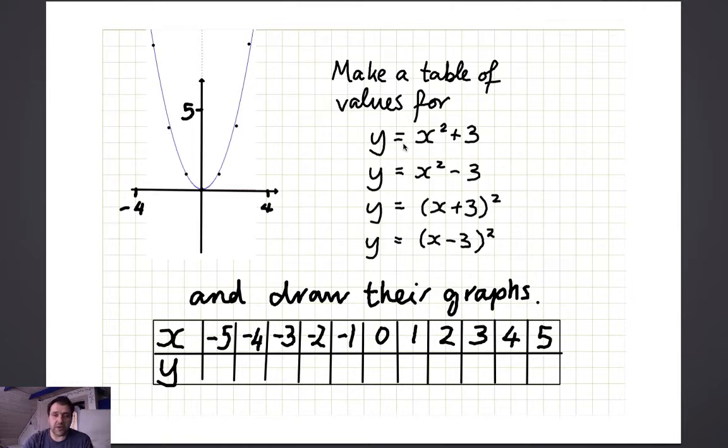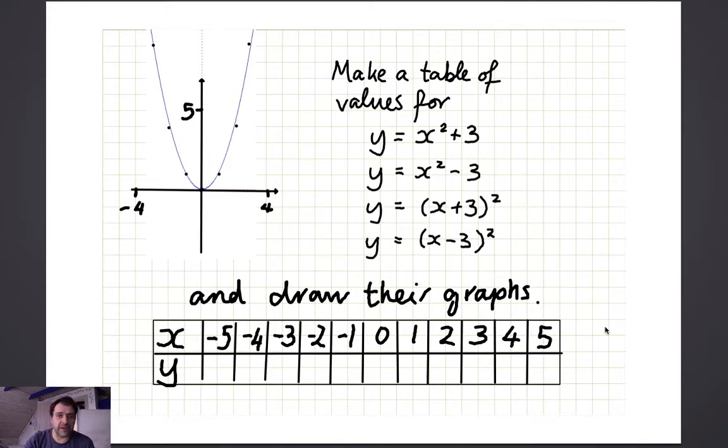So we had to do tables of values for all of those, looking like that. So x from minus 5 to 5, for example, and then work out what y would be for each of those and make the graph. So you're looking to do 4 tables of values and 4 corresponding graphs and see what those graphs look like. If you haven't done that, I suggest you have a go at that now.